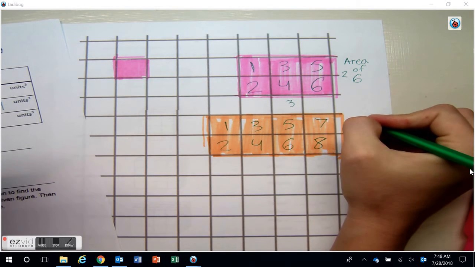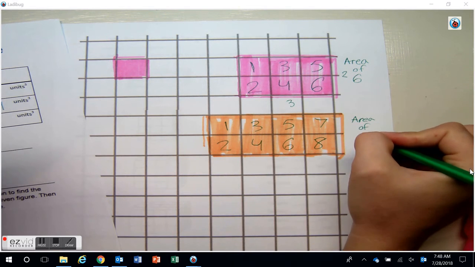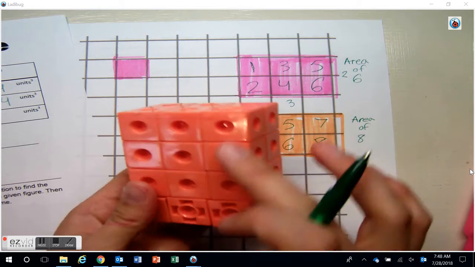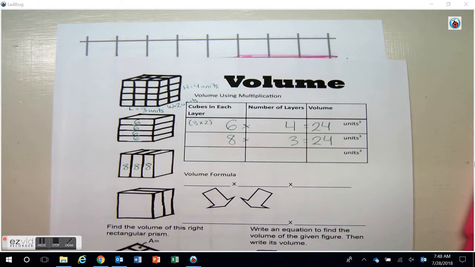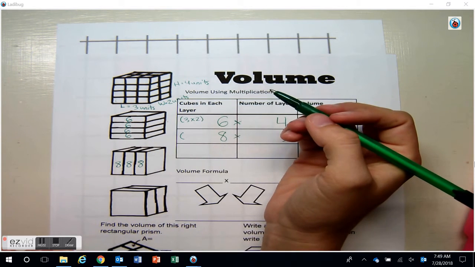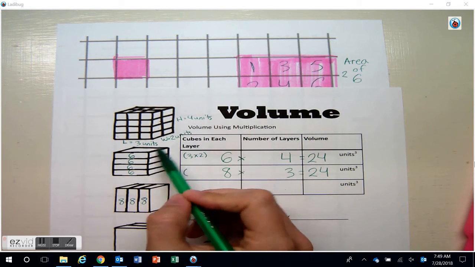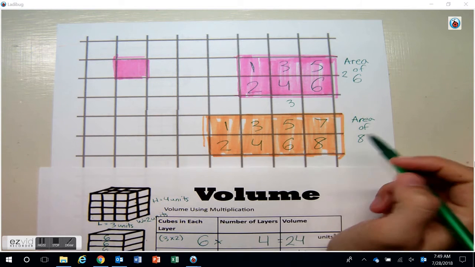Well, that's how many we said were in each layer, how many cubes were in each layer. Well, the area of that face is an area of 8 square units. Well, that area was the same as how many were in that layer.